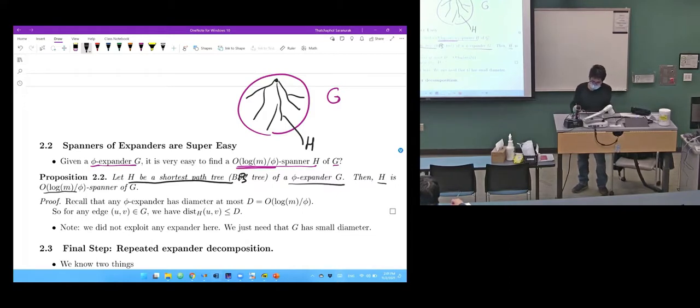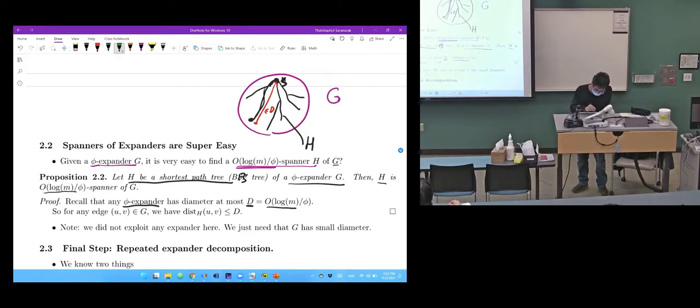And the reason is super simple. This is because, you recall, if a graph is a phi expander, then the diameter of the graph is small, something like log over phi. And now what does it mean?